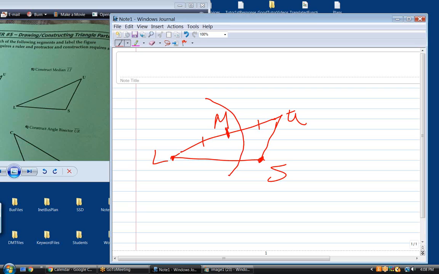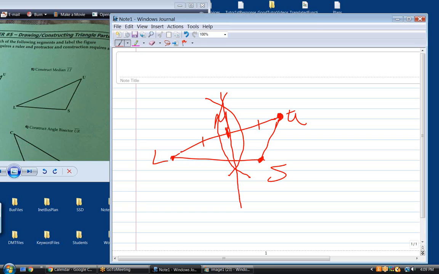You with me? Yeah. Leave the measuring the same distance, don't change it, and draw another arc. Connect the two intersection points and you will have bisected that line.